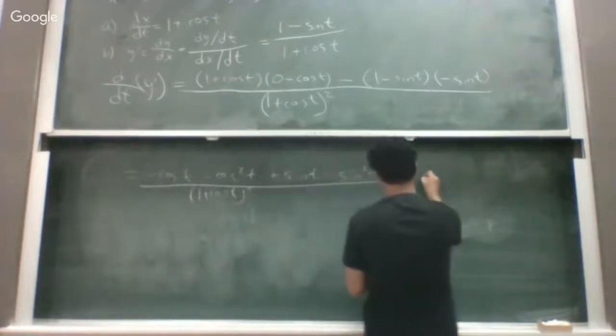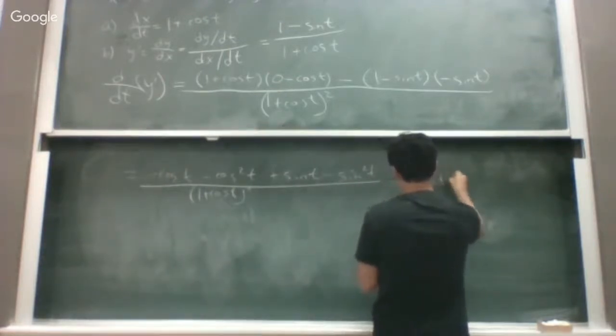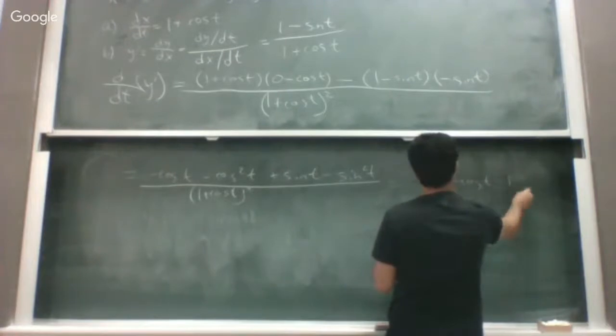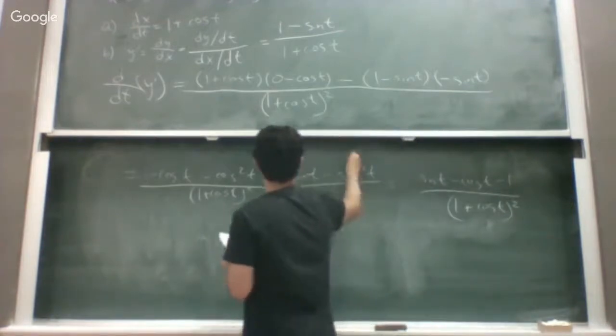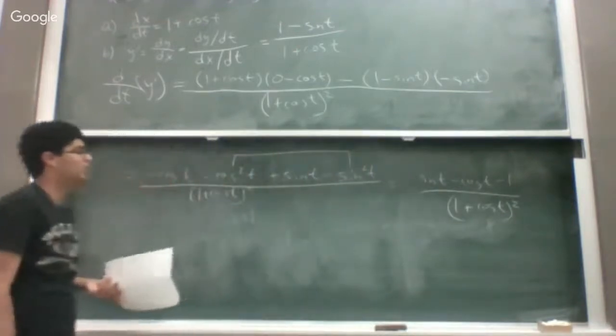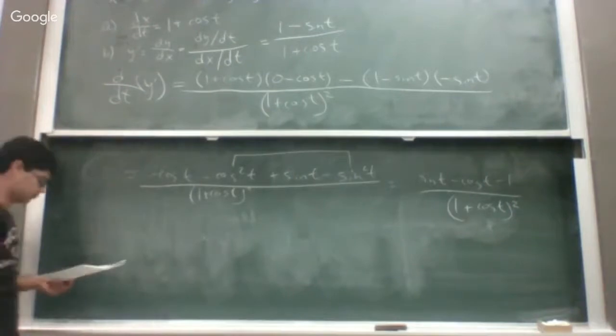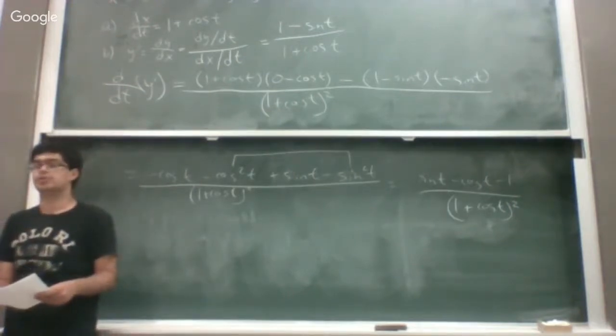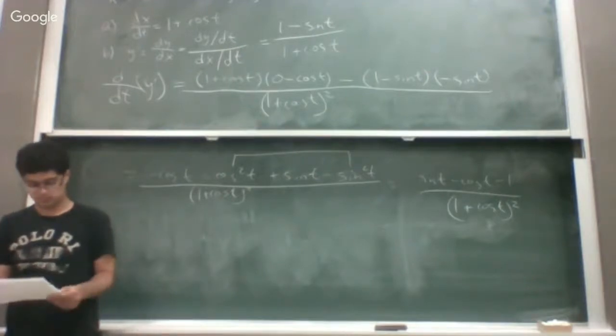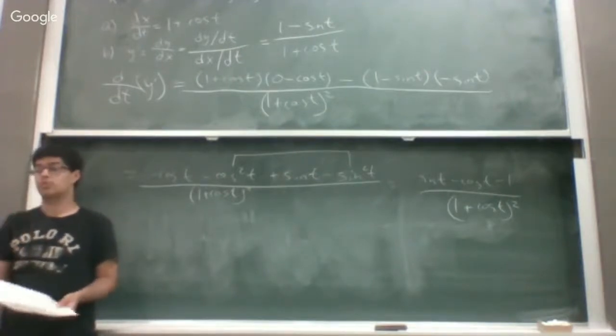That's equal to sine of t minus cosine of t minus 1 divided by 1 plus cosine of t quantity squared, because these two terms can combine to equal a negative 1. Good?